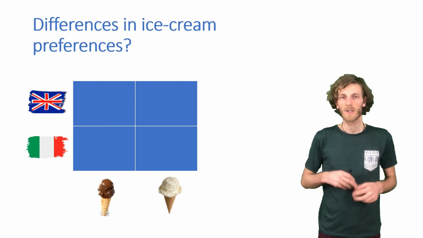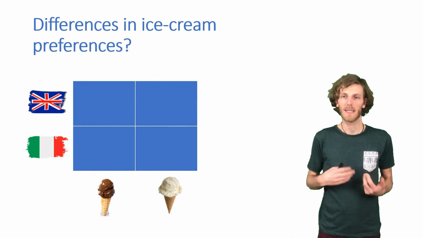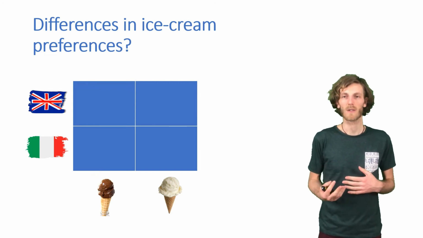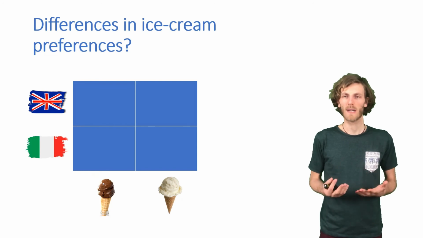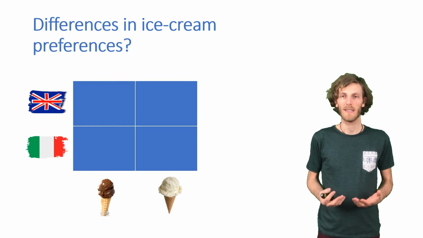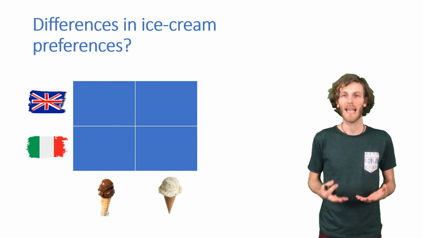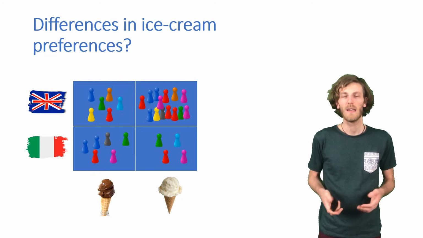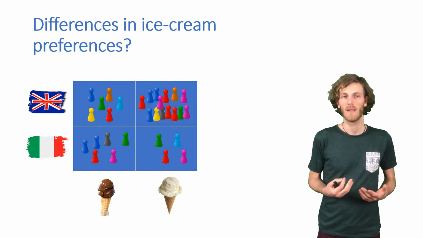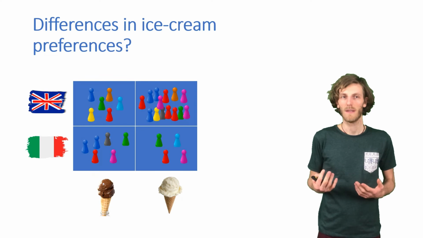So let's go through the ice cream example in quite a bit of detail to think about these different steps. If we were interested in whether Brits and Italians have different preferences for vanilla versus chocolate ice cream, we might just go and ask a bunch of people and figure out in which of these four categories they belong. With these observations, it now seems that a lot of British people like vanilla ice cream.